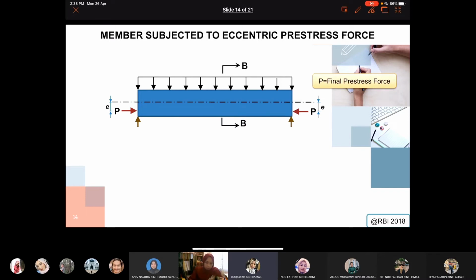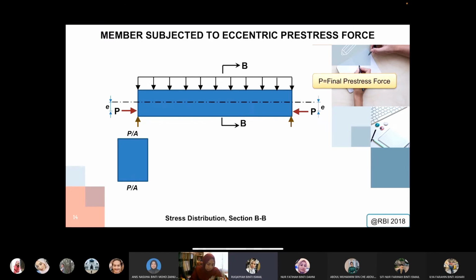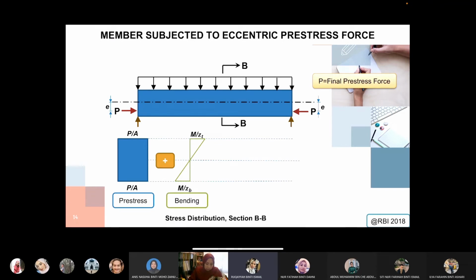Then you have the cross section with the stress distribution of the P, where I give you the P over A, the stress coming from the pre-stress force, perpendicular to the area of your beam section, plus the values coming from the bending.